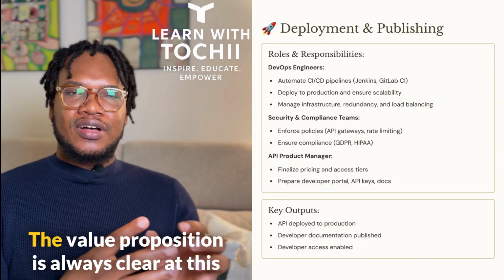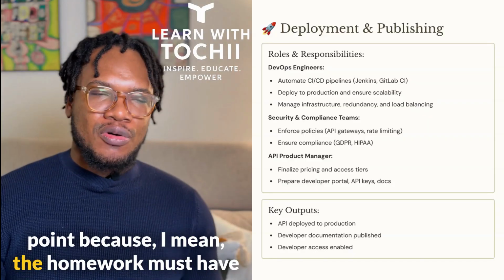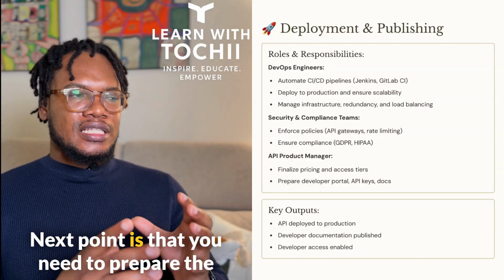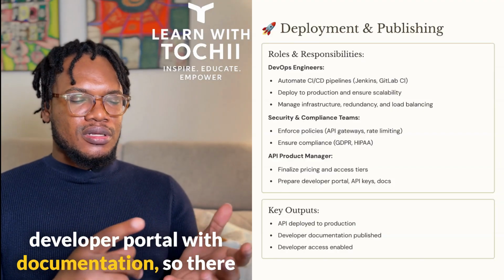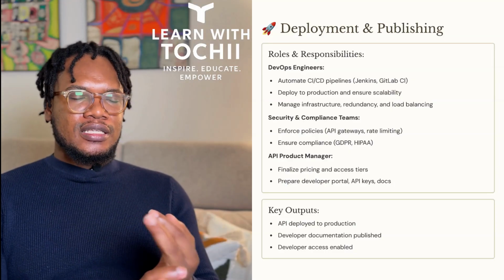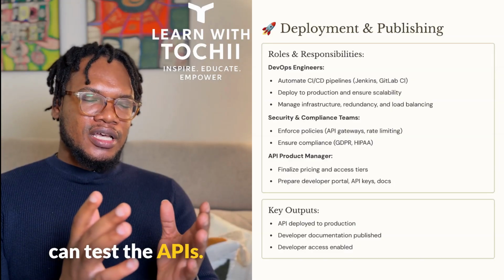All right. The value proposition is always clear at this point because the homework must have been done. Next point is that you need to prepare the developer portal with documentation. So, develop documentation, API keys, sandbox environments so that developers can test the APIs.